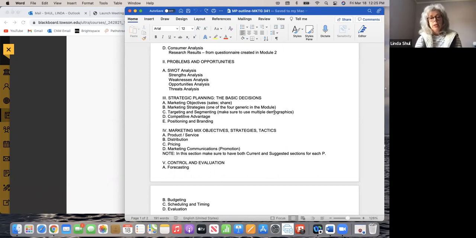So age, education, income range, and you cannot say mid-income because I have no idea what that is. You have no idea what that is, and that's different to everybody. So you have to be very specific in your target market. You can say a range of numbers for income, education level, zip codes. That's what has to go here. So I definitely want to see demographics here.